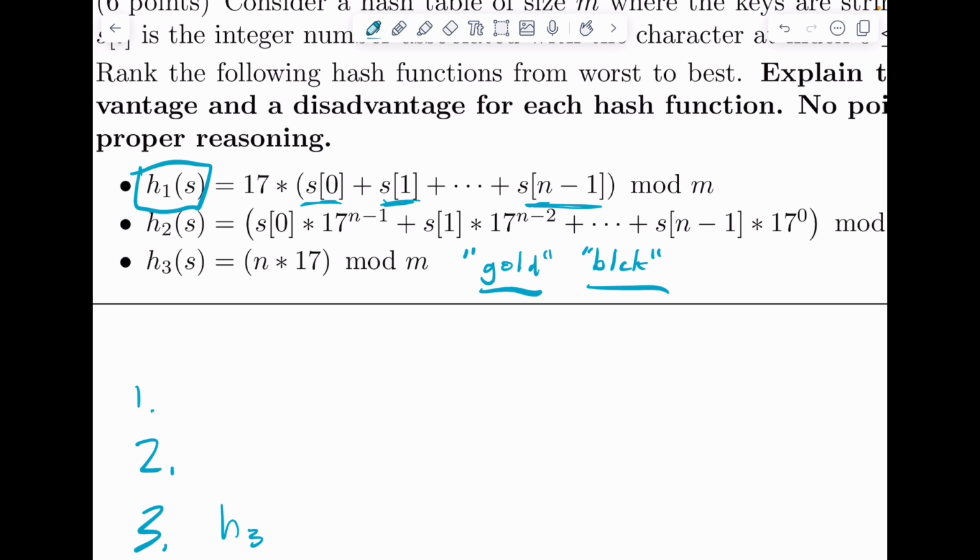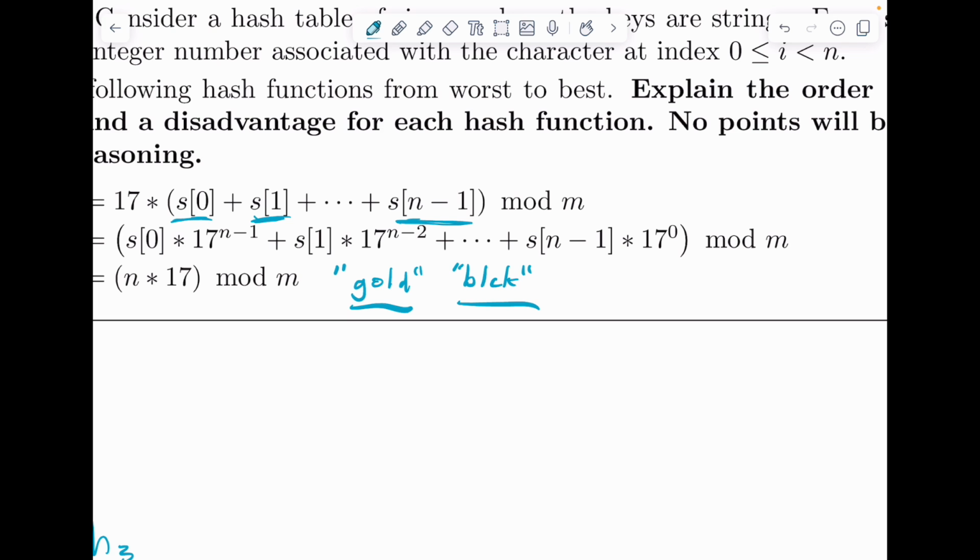But this still isn't quite the best, because what this means is any two anagrams that are the same length are going to have the same placement, and they're going to collide. So two words that are anagrams. What are two words that are anagrams? I don't know. Odd and Dodd. Sure, those are two anagrams, and they're the same length.